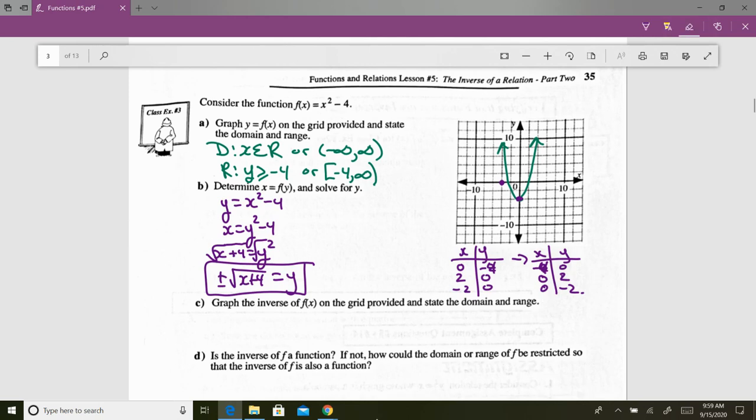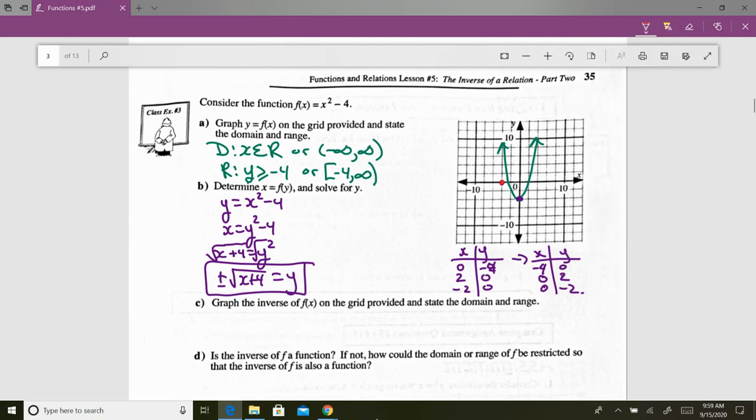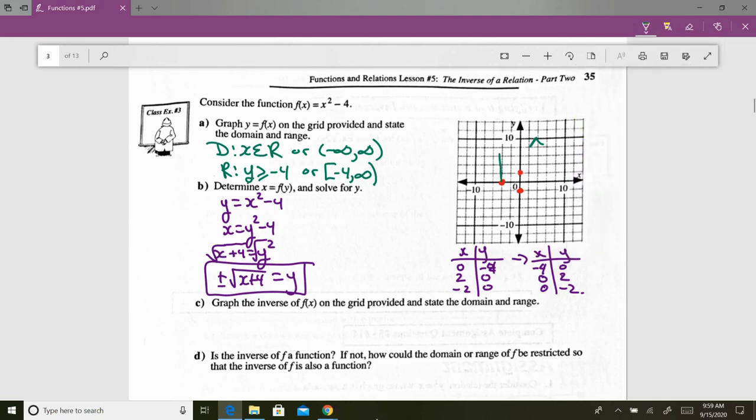So that's a -4. Thank you. There we go. Okay. So it moves to there. 0, 2, and 0, -2. Oh, now I erase everything. Okay, basically here, I'll just sketch the answer. It looks like that.